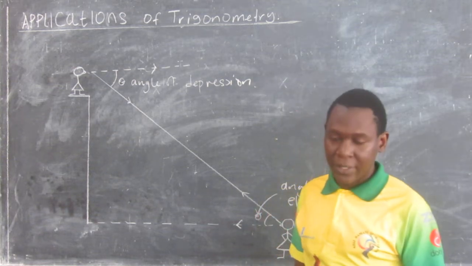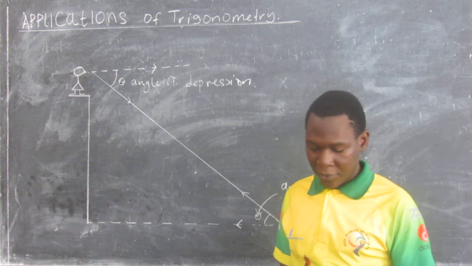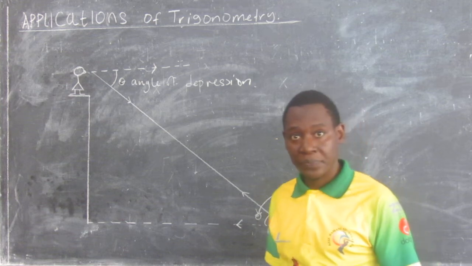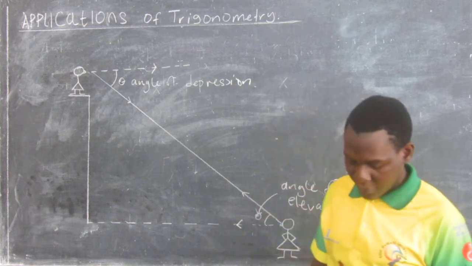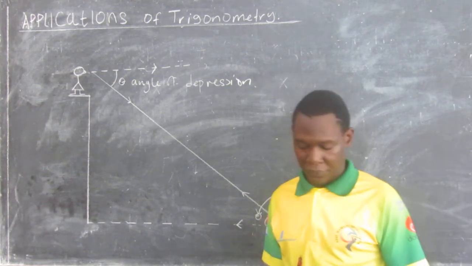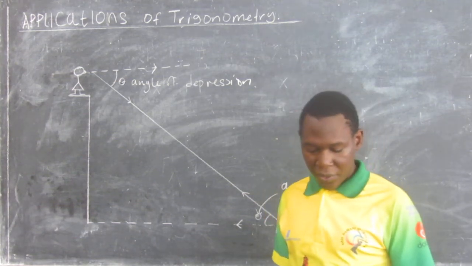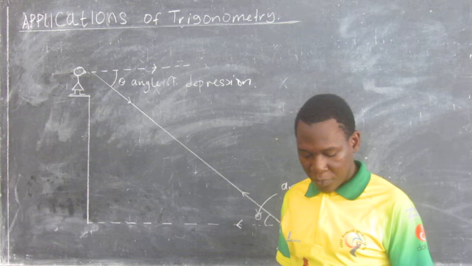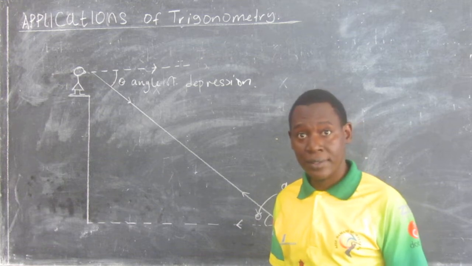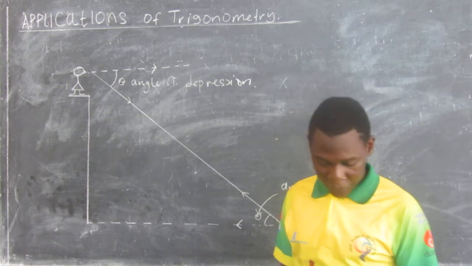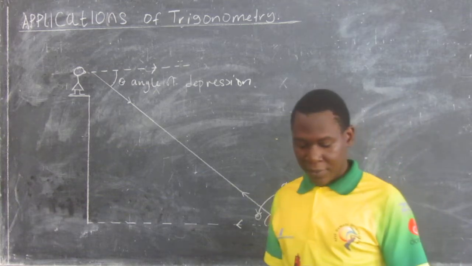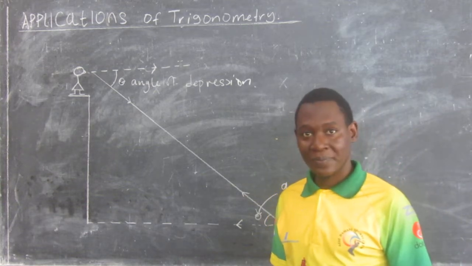He walks exactly 100 feet from the base of the tree and looks up. The angle from the ground to the top of the tree is 33 degrees. Find the height of the tree.